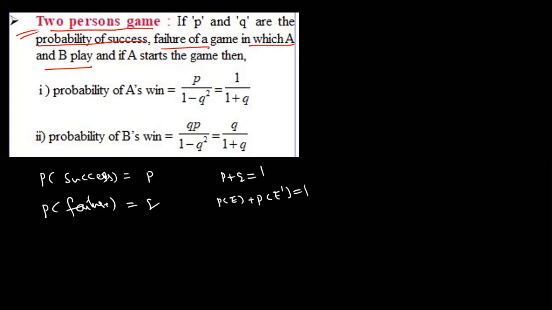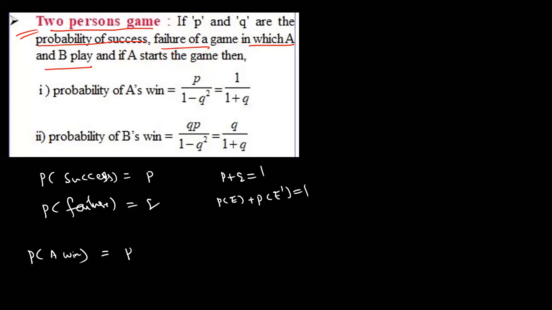Fine. Now, if A starts a game, suppose, then what is the probability that A wins the game? So how many times they have to play the game to win the match, anyone? Odd number of times we should play the games. Even number miss, we cannot decide. Even number miss what? Tie is coming, possibility is there. So first one, A wins the game.